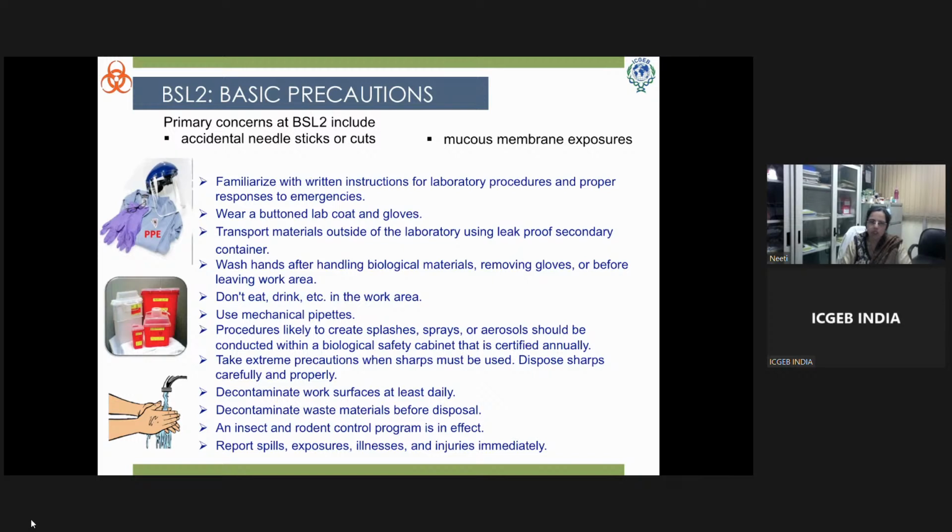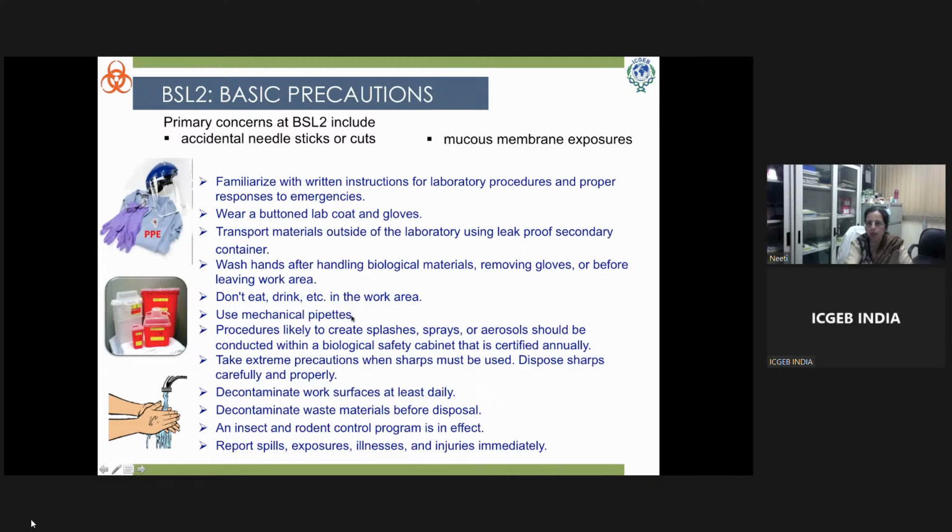Eating, drinking, smoking and other activities should not be done within the research work area, because it can be a root cause of accidental exposure, and you may accidentally bring in some pathogens or unwanted materials into the lab which are not required. As far as handling is concerned, good lab practices come into place.